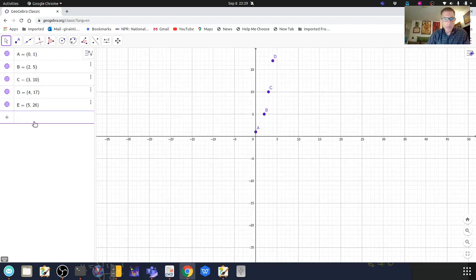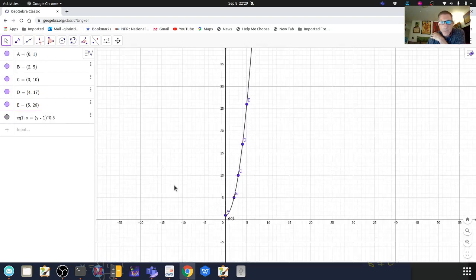And let's see what's going on. So let's actually see what the plot is. X is equal to y minus 1 raised to the 0.5. Yeah, and right there you go. You can see clearly that the points we did fit the actual graph quite nicely.